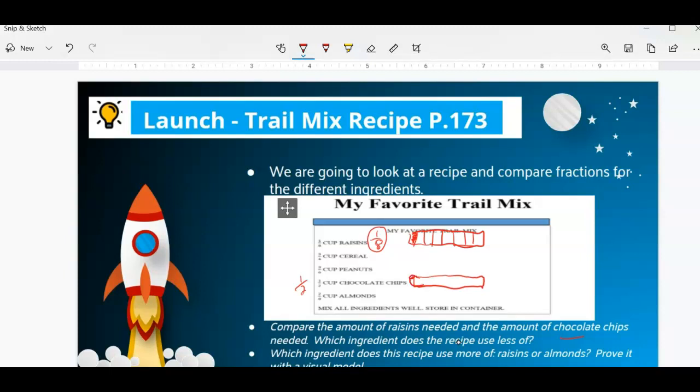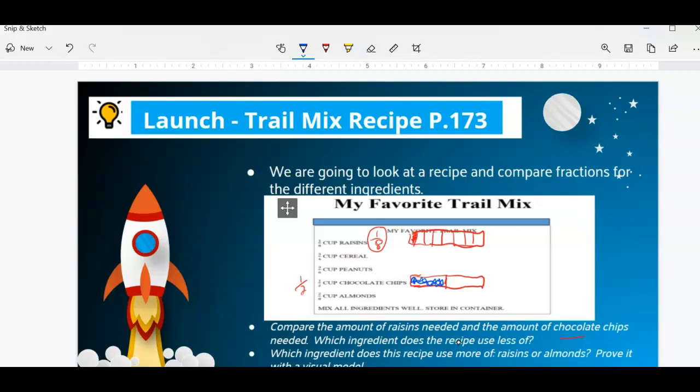Okay, so now I need 1/2 on this one. And we'll put it in the halfway spot, and this is 1/2. So now we're comparing the 1/2 of the chocolate chips to the 1/8 of the raisins.